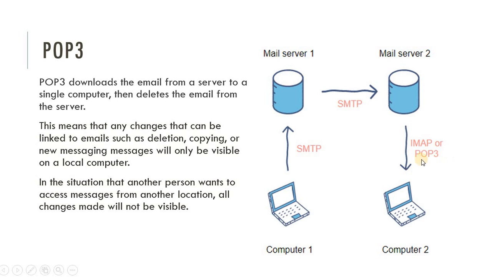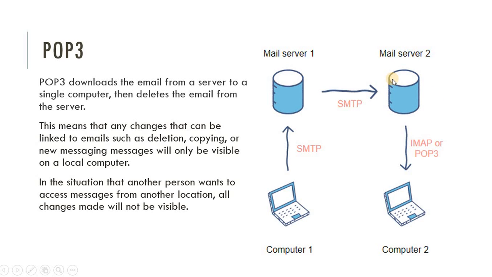So in the POP3 protocol, when the email is received at the receiver's user agent, first it downloads the mail, and once the receiver downloads the mail, that mail is deleted from the mail server.